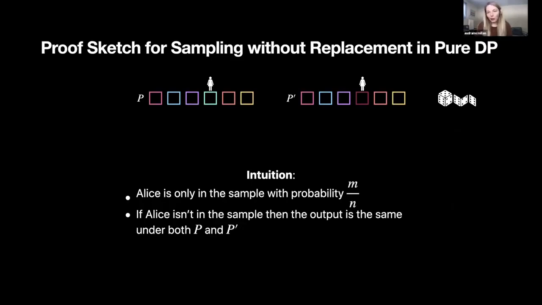It's a little easier to work with because the guarantee gives us a strict bound on the probability density functions, which is nice. With probability m over n, Alice is in the sample. If she's not in the sample, then the distribution is the same for P and P prime, because she's the only part of the data sets that is different.